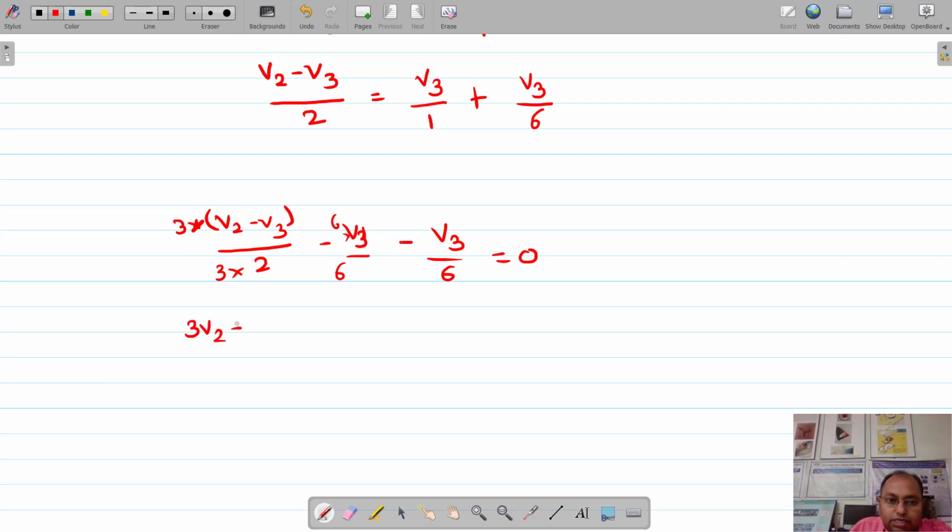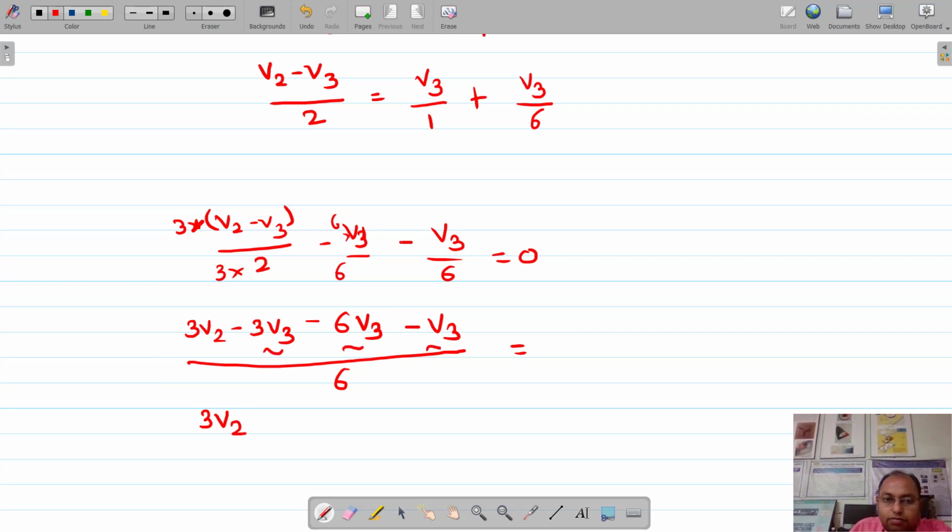Okay, so let us do this. 3v2 minus 3v3 minus 6v3 minus v3, all divided by 6. Okay, now the equation will have 3v2. Now add the v3 terms.